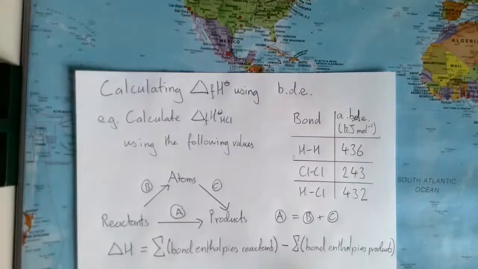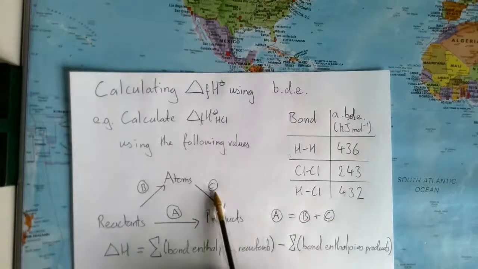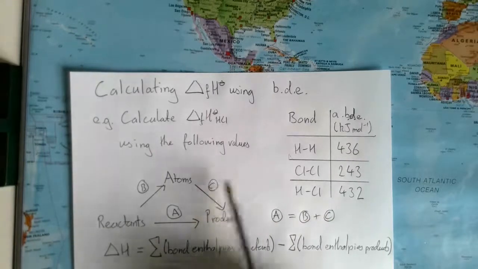So the equation that I'm hoping that everybody has used is delta H is sigma, the sum of the bond enthalpies in the reactants, minus the sum of the bond enthalpies in the products.